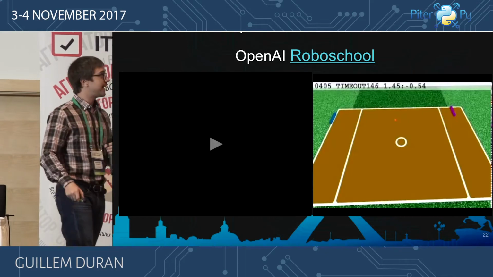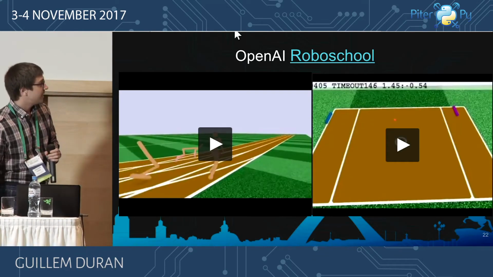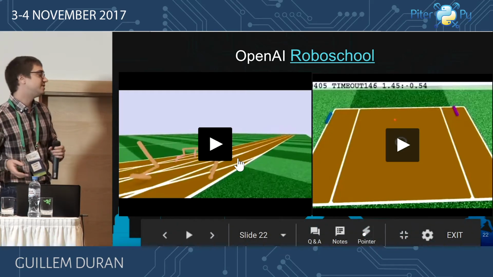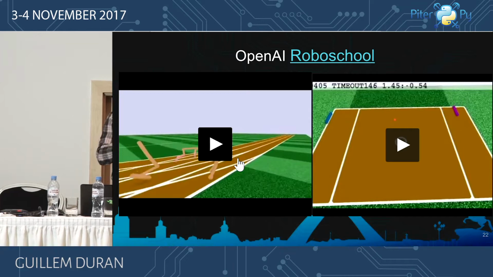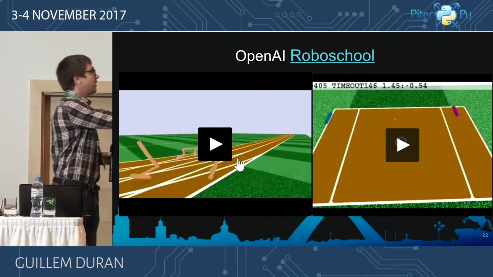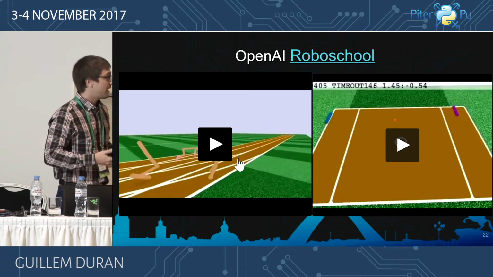But moving to other packages, I showed you that OpenAI Gym can use robots and teach them to solve different tasks. But if you are into robot simulation, OpenAI Roboschool is the library that you need to use. Why?